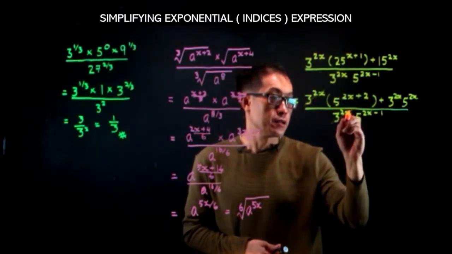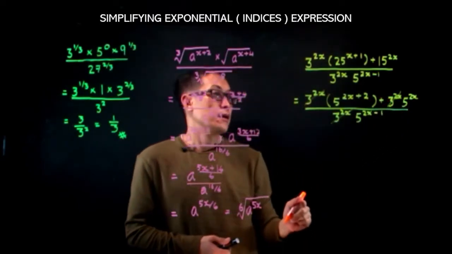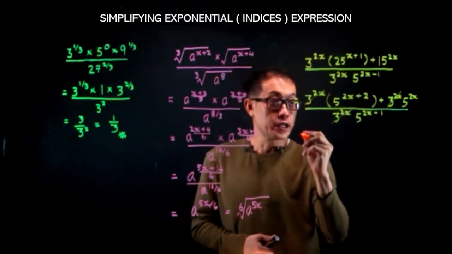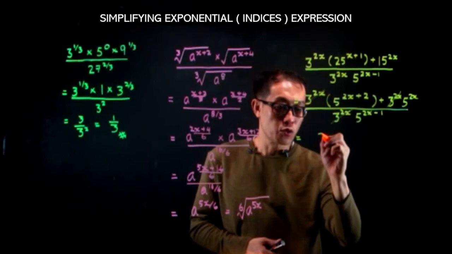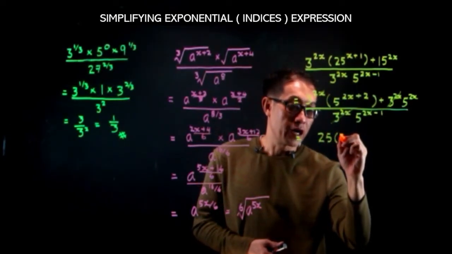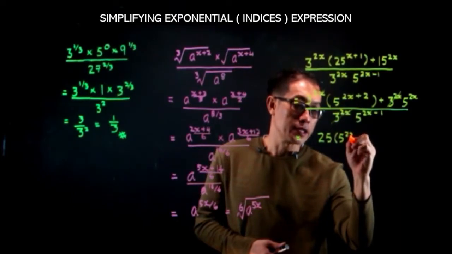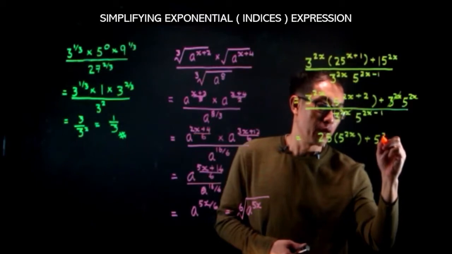Alright? Now the numerator can be rewritten as 25 times 5 to the power of 2x plus 5 to the power of 2x.